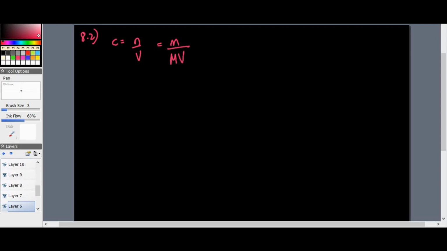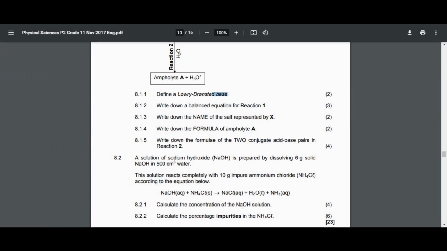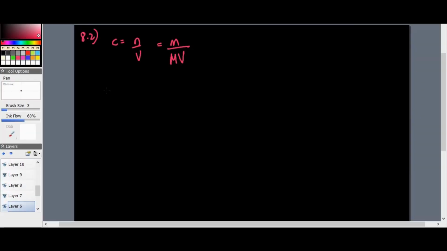Okay, so sodium hydroxide. So sodium, I think it's got 23 plus 16 plus 1, which gives me 40. Okay, so we'll say C is equal to the mass, which was 6 grams, divided by the molar mass, which was 40, times the volume, 500 cubic centimeters is 0.5 decimeters cubed.